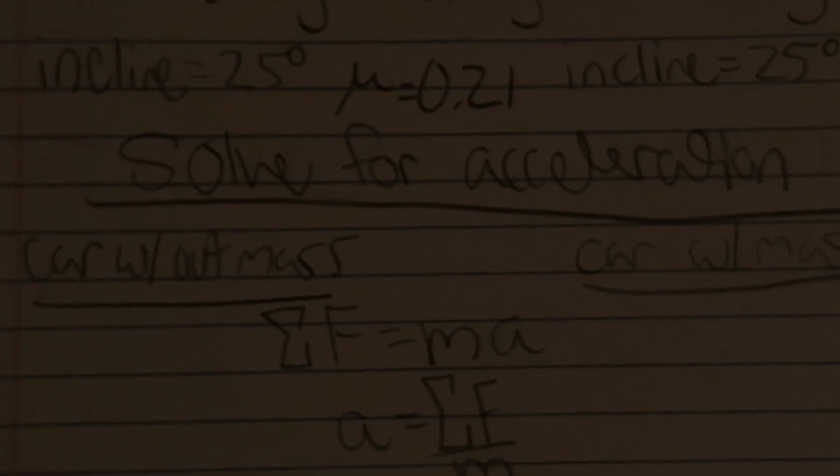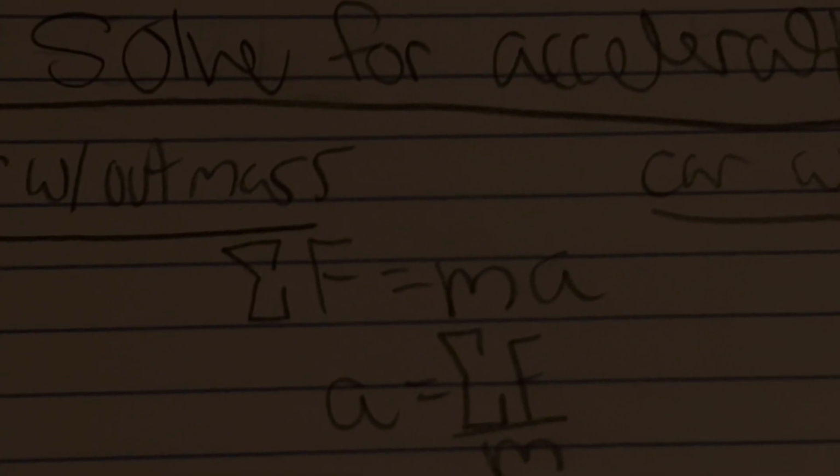So next we solve for acceleration. We took Newton's second law equation, the sum of forces equals mass times acceleration, and reworked it to be acceleration equals the sum of forces over mass.